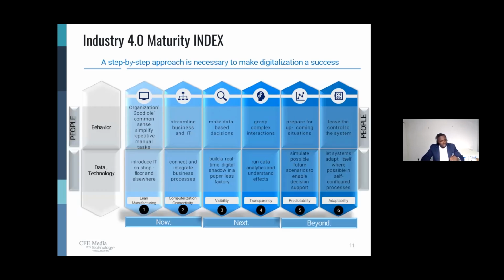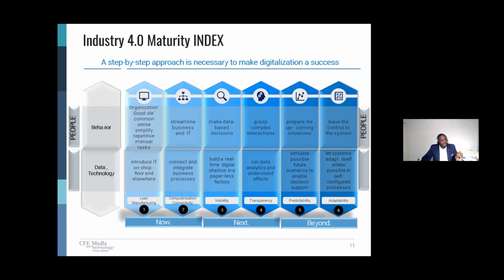Now, we talked about the Industry 4.0 maturity index a bit, and at the bottom, you'll see lean manufacturing, a dose of common sense, computerization and connectivity, number 2. Notice it says now. That's where we are. If we gauge globally, phase 1 and 2, we are starting to see, even in the education space, they're starting to have a clear understanding that these competencies or disciplines should be taught.